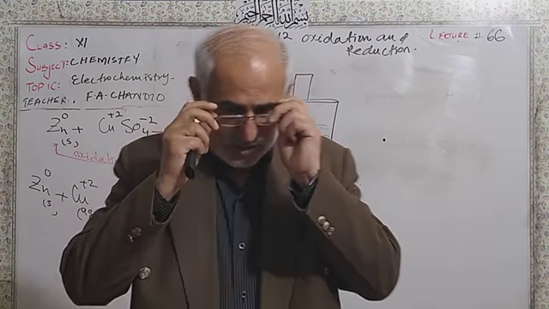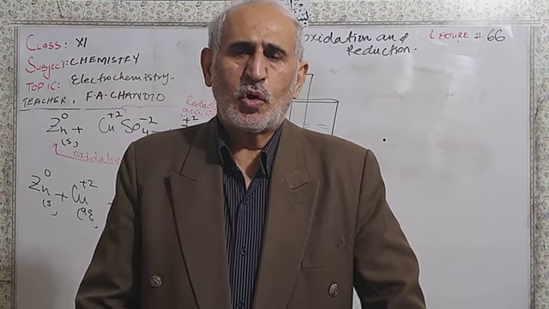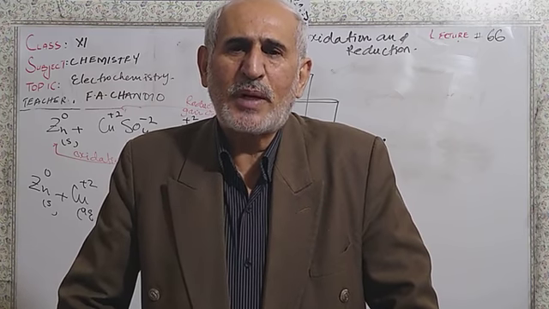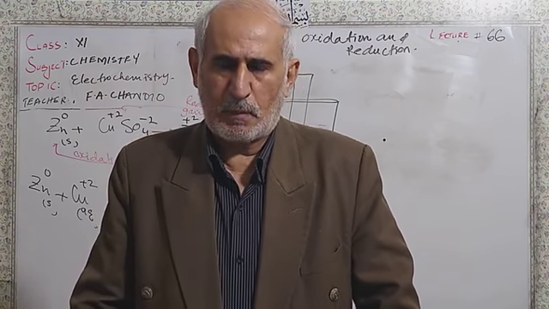Dear students, I told you that alkali metals, which are group number 1 elements, always have positive 1. Alkaline earth metals have positive 2. Group number 3 element, aluminum, has positive 3 in a compound.